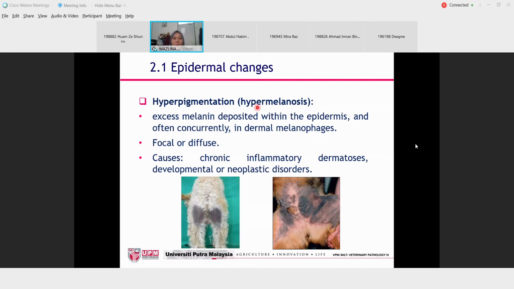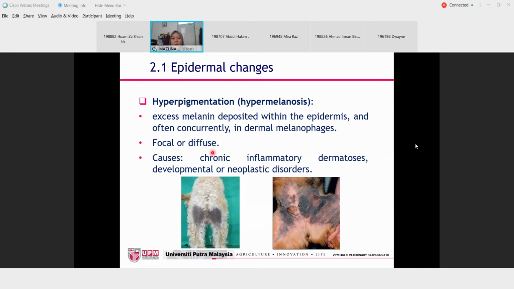Hyperpigmentation is basically excessive melanin deposited within the epidermis, and often concurrently in dermal melanophages, because when there is free melanin pigment, the macrophages usually engulf it, so they will also take up the stain. They become pigmented. This hyperpigmentation can occur either focally, or diffusely, meaning a wide area of the body is affected.